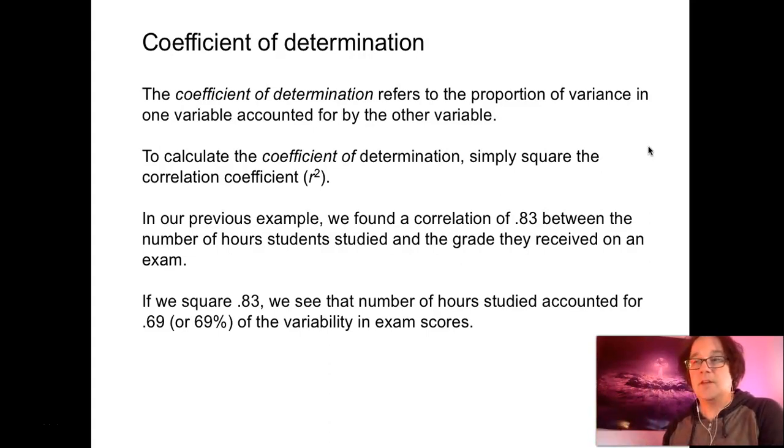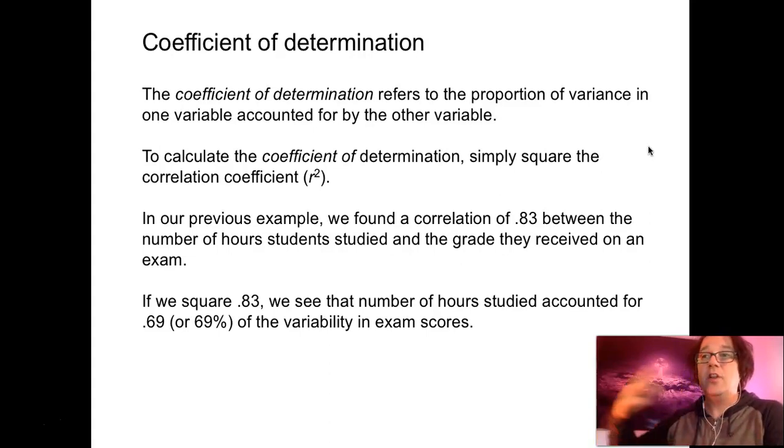Everything else, maybe the number of hours students slept before the test day, or their stress level or their anxiety level, all of these other variables might account for the rest of the 31% that goes into an exam score.